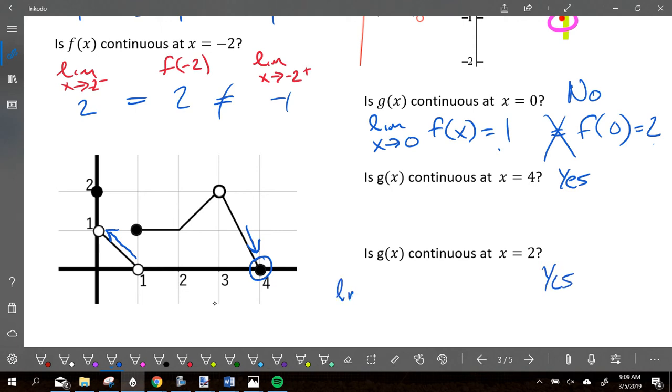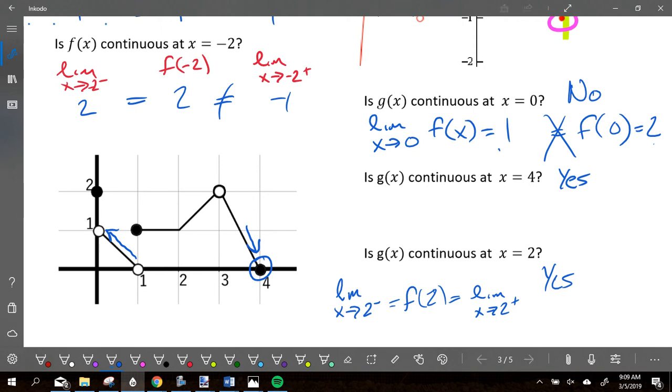They're all equal. When you say all of them, what do you mean by all? The limit as x approaches 2 from the left, the limit as x approaches 2 from the right, and f of 2. All 3 of these things are equal to each other, therefore f of x is continuous. Questions there?